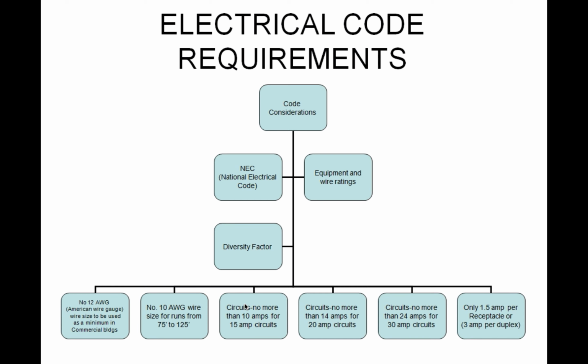So there's a number of code requirements when it comes to electricity, because obviously we have to maintain safety when it comes to electricity, as it's a very powerful thing, and it's a very deadly thing if it's not treated correctly and respected for the power that's there. So electrical code is meant to regulate what can come in and come out of the buildings and the amount of power that's needed to maintain everything that's running, the size of cables that are required for particular loads.